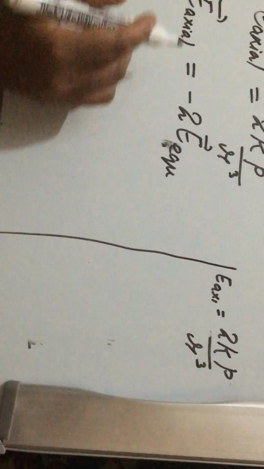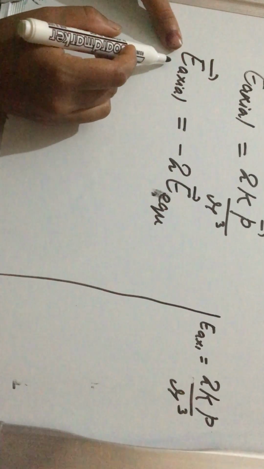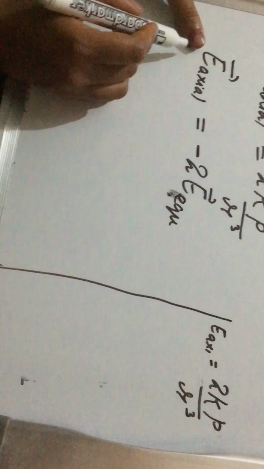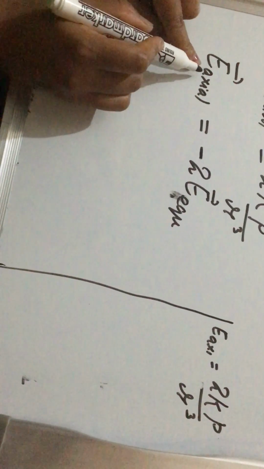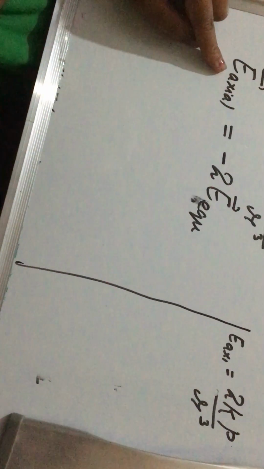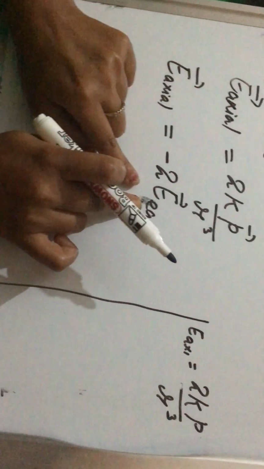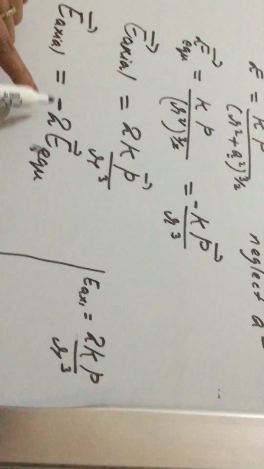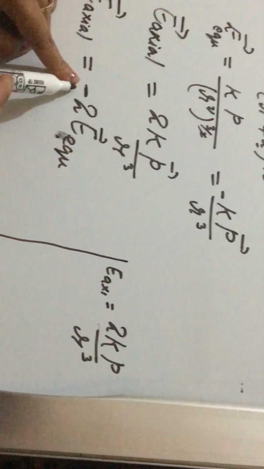So where the electric field is stronger, this negative sign only tells about the direction. On the axial line, what is the direction of electric field? Along here, right? On the equatorial line, what is the direction of electric field? Opposite to it. This minus doesn't say less, it simply says about the direction.